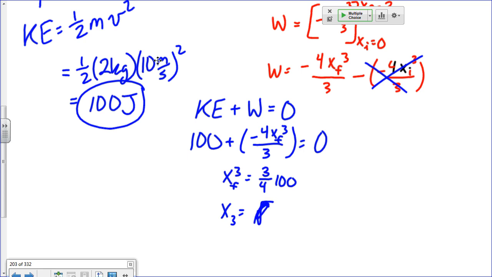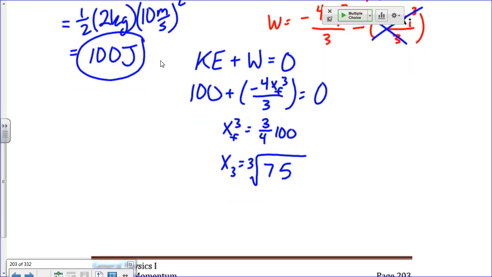So xf equals the cube root of 75, which is, what is that, 5? No, that's not right. Whatever that is.